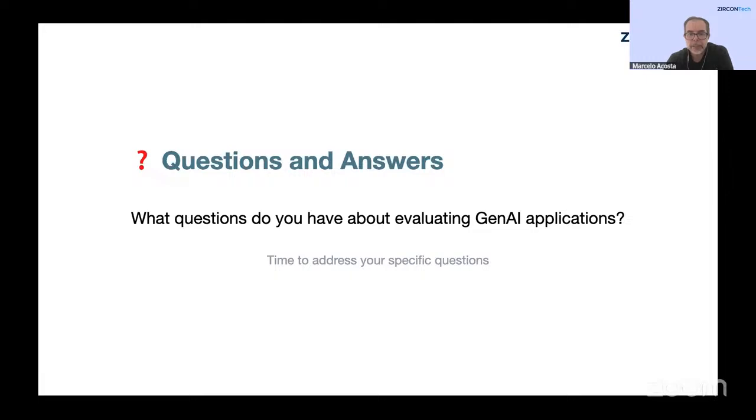And then think about what matters most to your users. For instance, if you're building a customer service bot, helpfulness or tone could be critical. If you are dealing with technical documentation, completeness and accuracy could be the metrics that you want to choose.